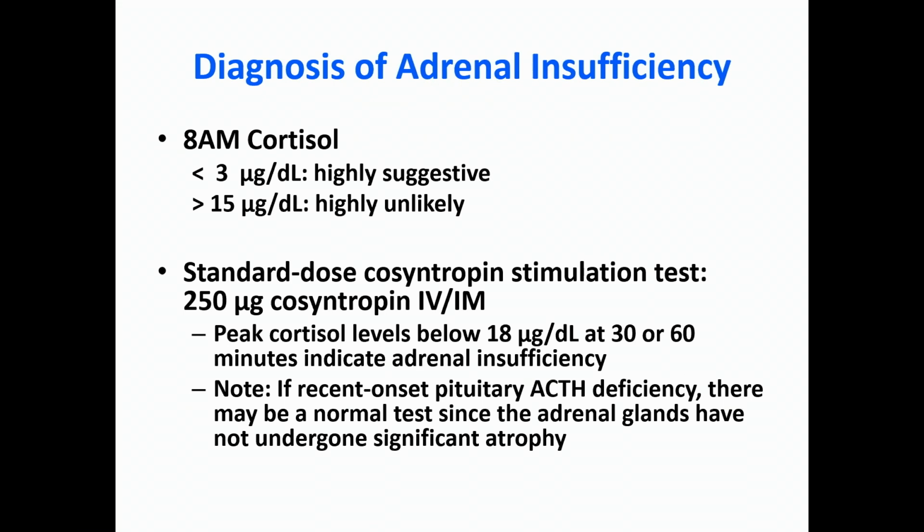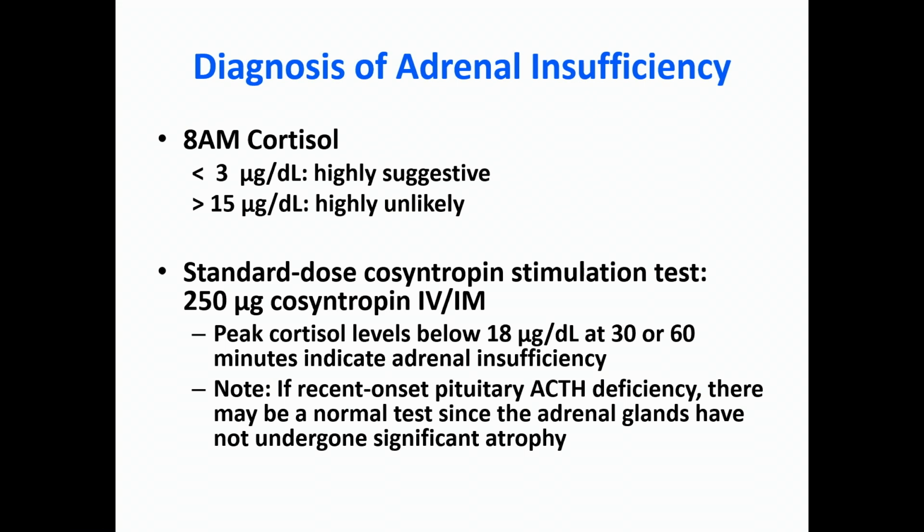In terms of the diagnosis of adrenal insufficiency, you could consider first checking a morning cortisol. If the morning cortisol is less than 3, it's highly suggestive of adrenal insufficiency. And if it's greater than 15, adrenal insufficiency is highly unlikely. Another approach is a 250 microgram cosyntropin stimulation study.